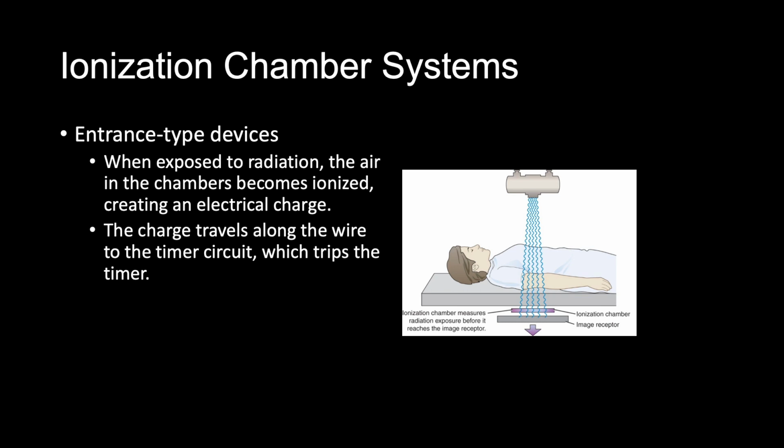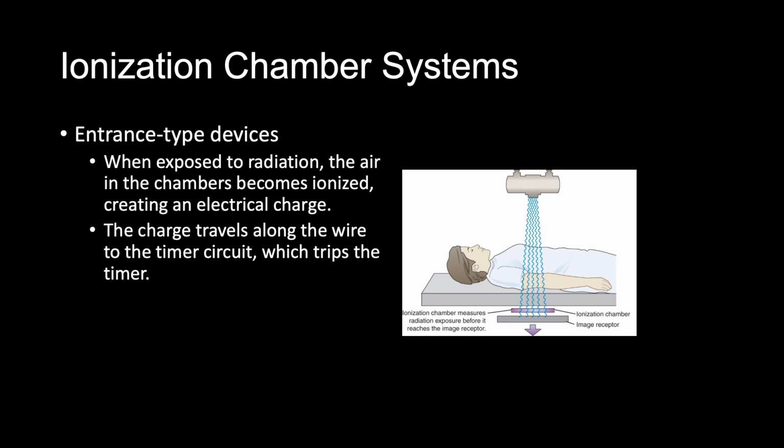The ionization chamber reacts with exit radiation before it reaches the image receptor. Air in the chamber is ionized, and then the electrical charge that is proportional to the amount of radiation is created, travels to the timer circuit, and then that is where the exposure is terminated.